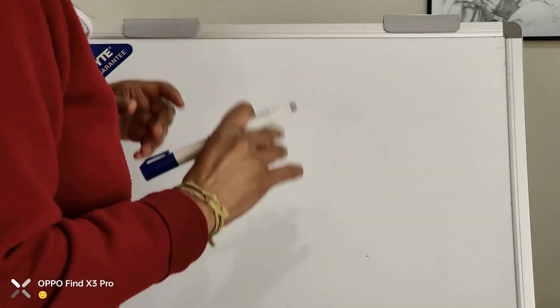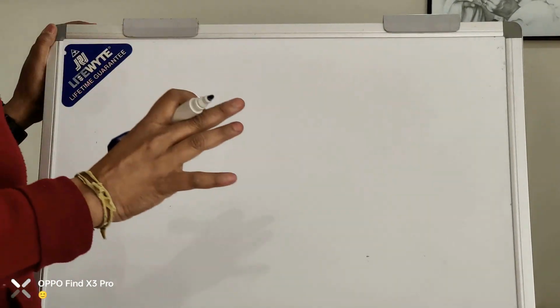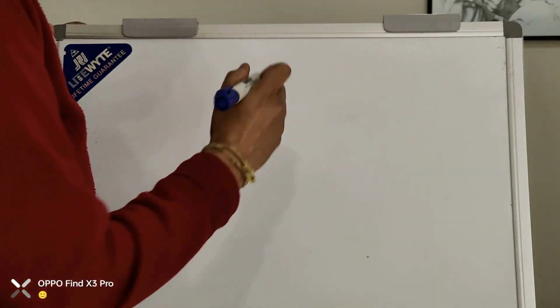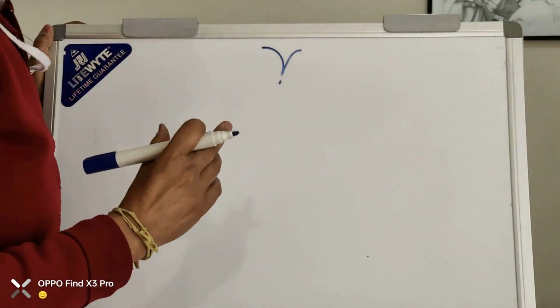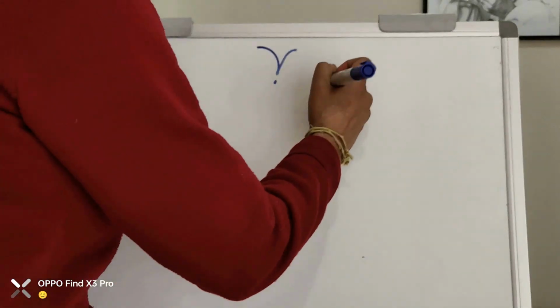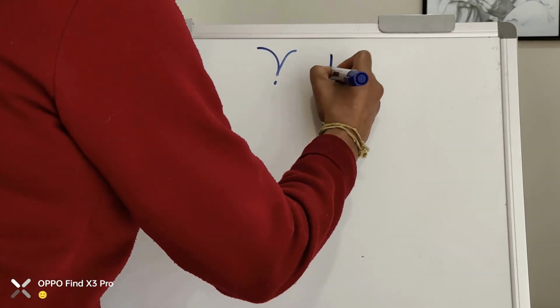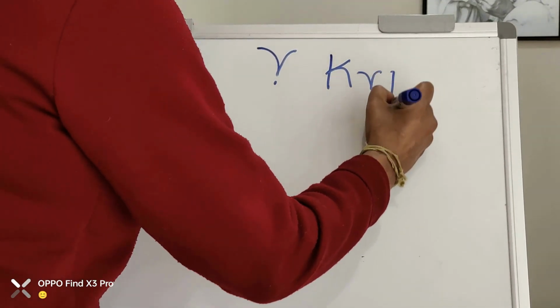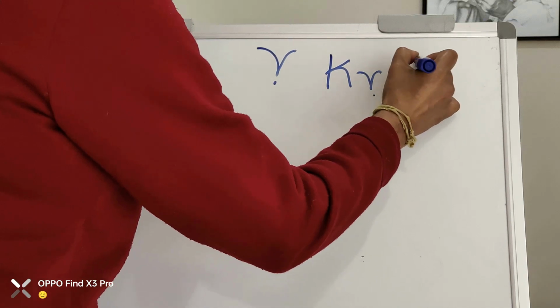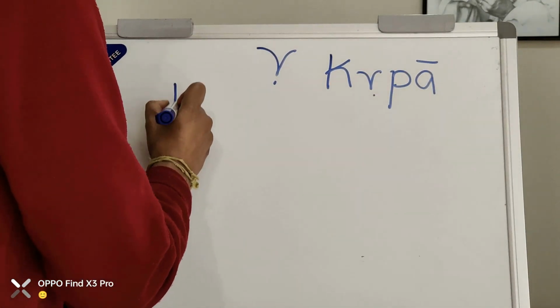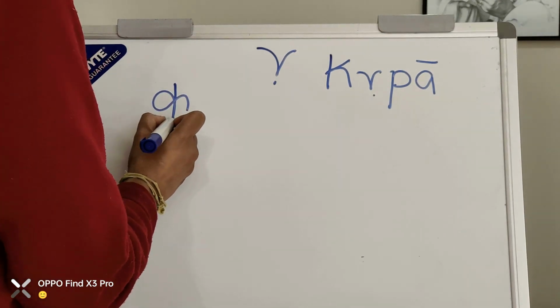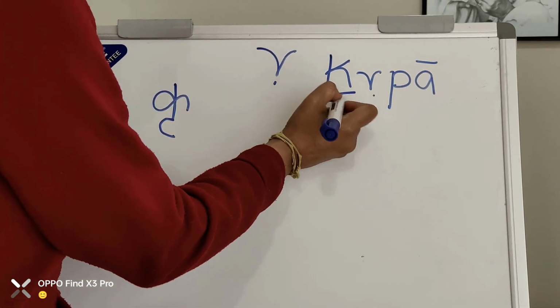All right. Next, we are going to see how the vowel r sits with a consonant. Okay, let's take the word kripa. Kripa. The r, what it does is it goes and sits under the previous consonant.